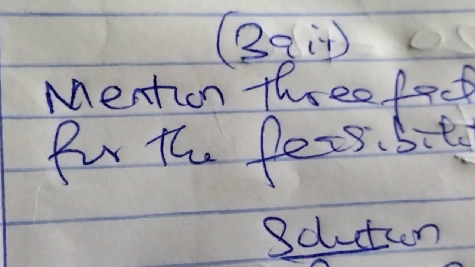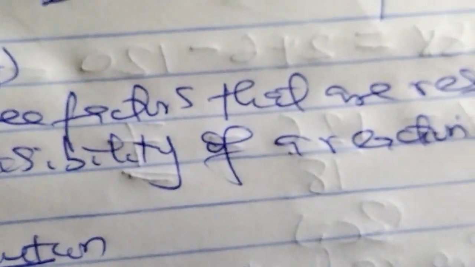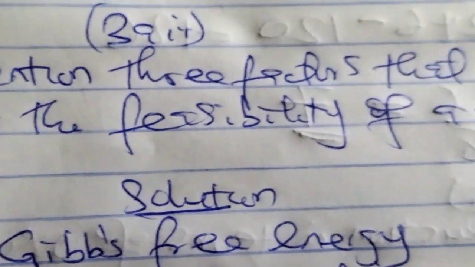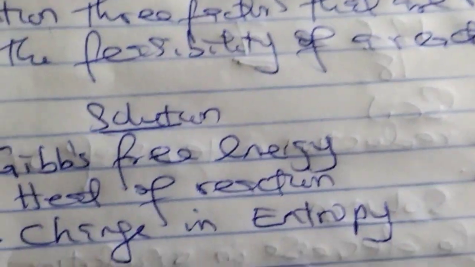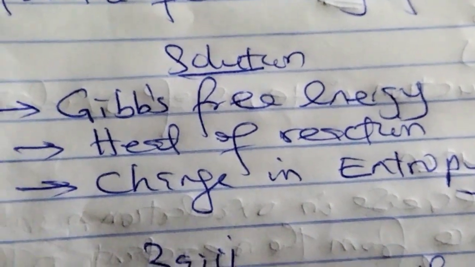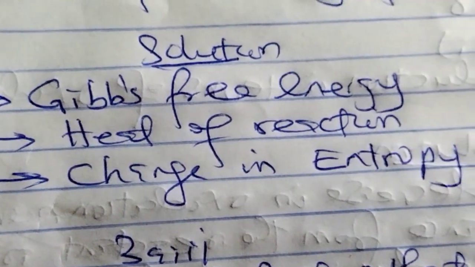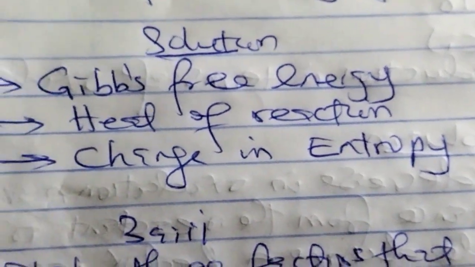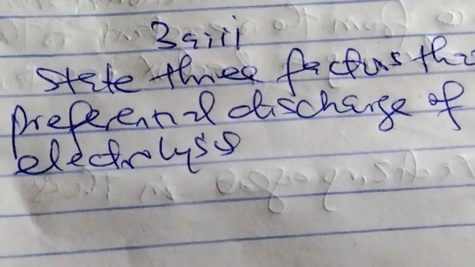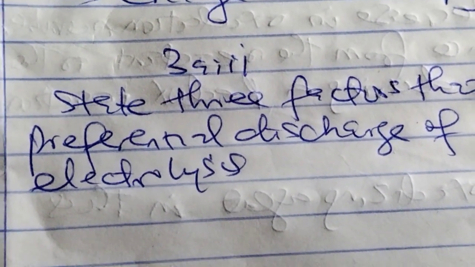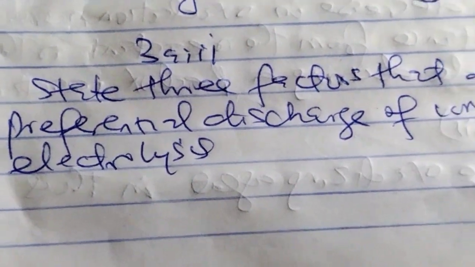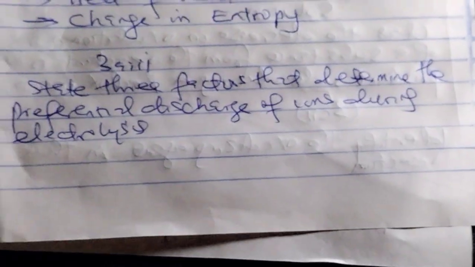3AI says, mention 3 factors that are responsible for the feasibility of a reaction. Solution, number 1, Gibbs free energy. Number 2, heat of reaction or the enthalpy change. Number 3, change in entropy. 3AII says, state 3 factors that determine the preferential discharge of ions during electrolysis.